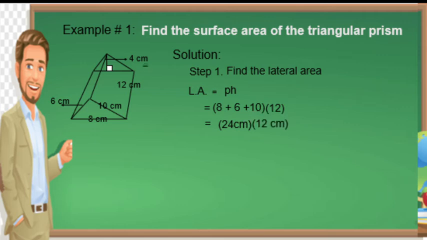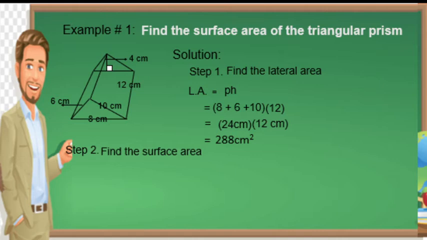So therefore, the lateral area is equals to 288 square centimeter. Next step, we have to get the surface area.